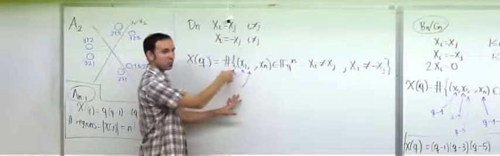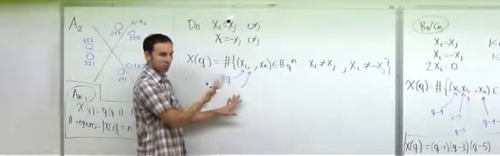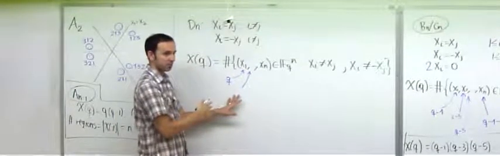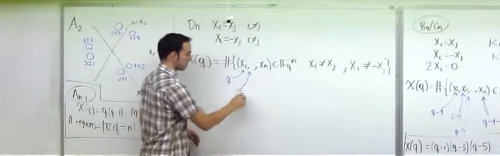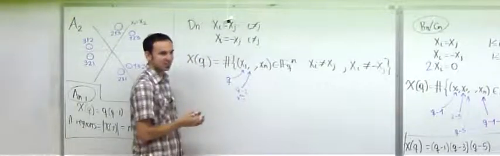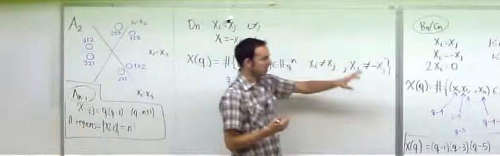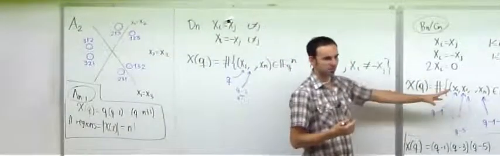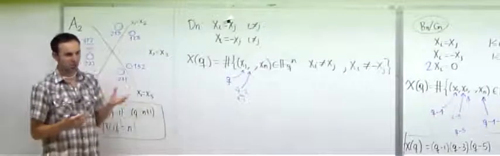Then you're not allowed to use 0 or minus 0, but that's only one restriction. So it wouldn't be q minus 2, it would be q minus 1. Okay? So q minus 2 or q minus 1, and then what? Then it gets a little bit trickier. And so the point is, and that's why I did this example first, because it's easier, because here everything works out like this. Here we have to be a little bit more careful and pay attention to whether there's a 0 or not.